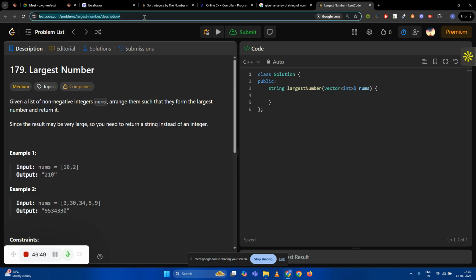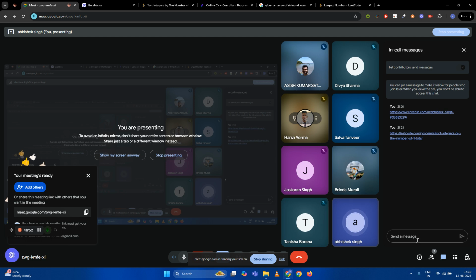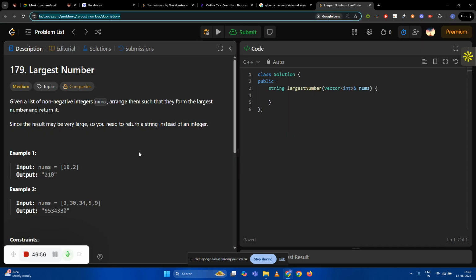Here it goes. I'm sending one problem in the chat. Again, this is a very good problem for the interviews. Read the problem statement, and we will solve it after this. It's 53. We will solve it at 55 or 56.